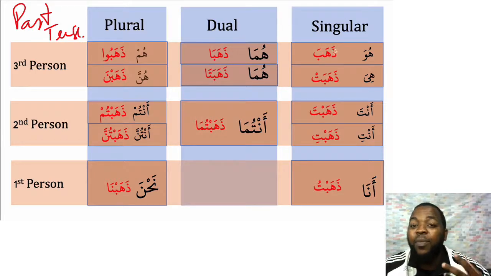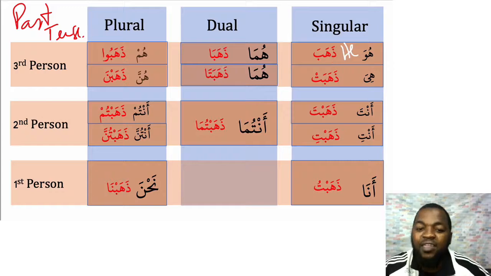So dhahaba means he went. Dhahabaa means they two went. Dhahabu means they went, three or more.